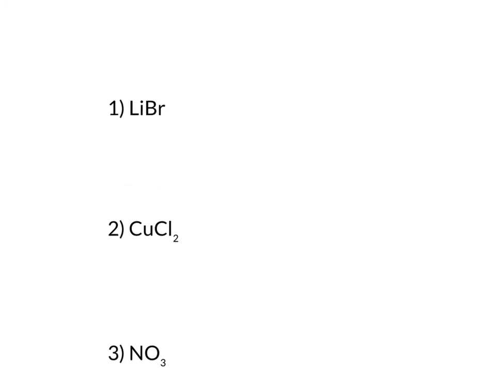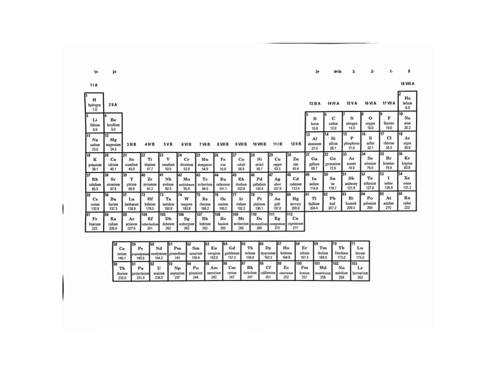For number one, the first thing that we always want to do is look at that first element, and look at our periodic table. I'm just going to highlight lithium, and hopefully we remember that blue line.